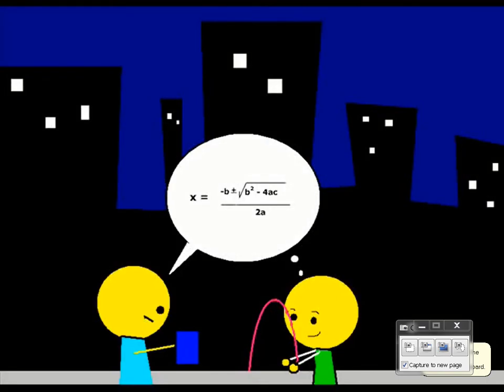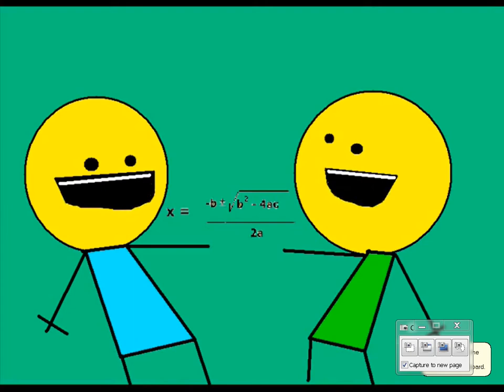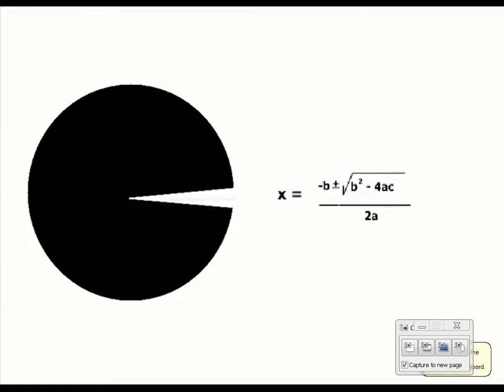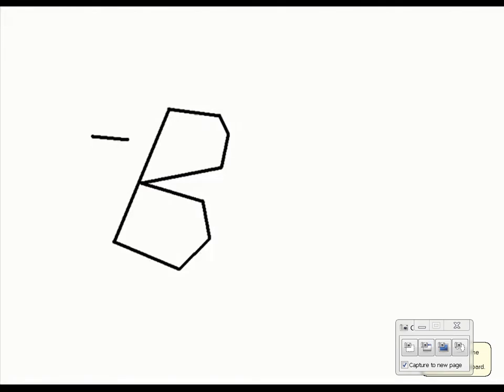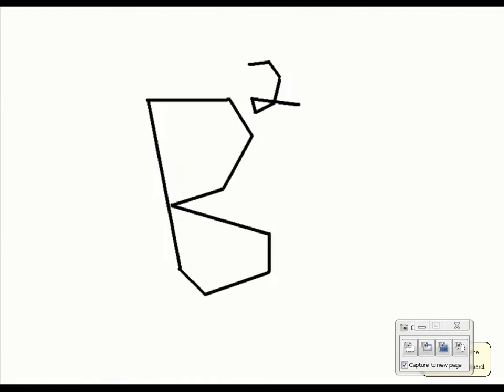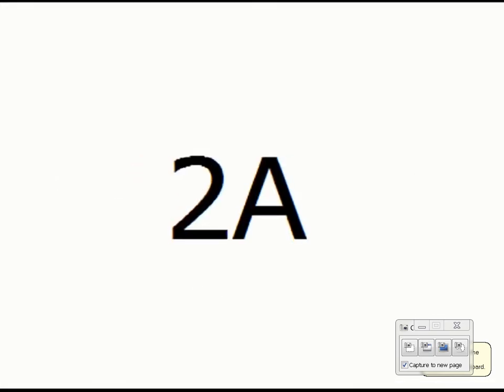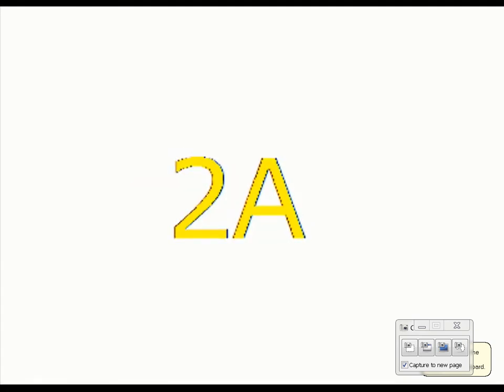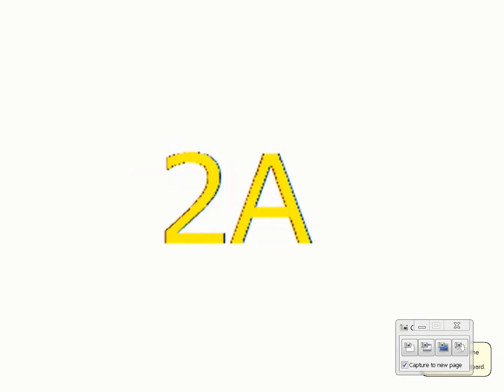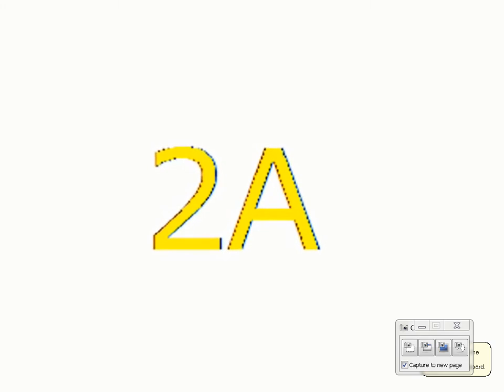Quadratic formula, and it's negative b plus or minus the square root of b squared minus 4ac over 2a. One more time.